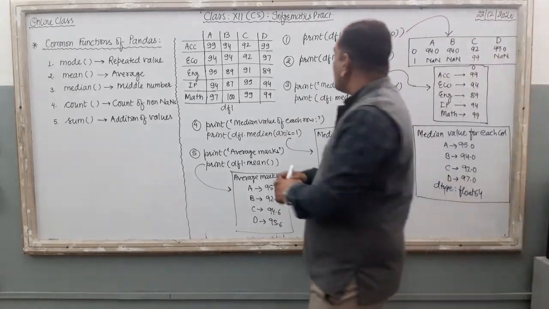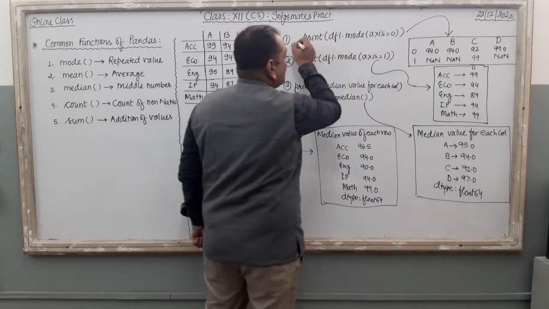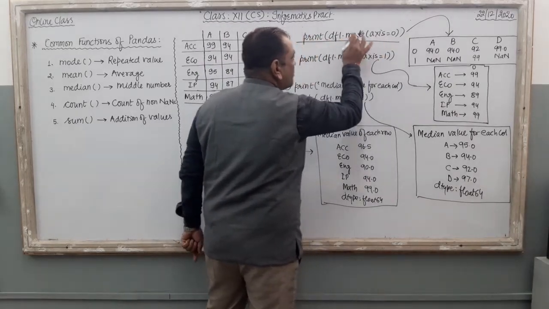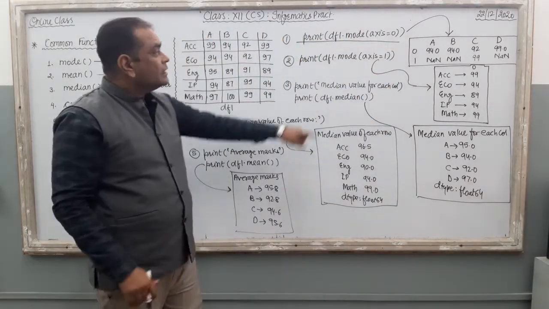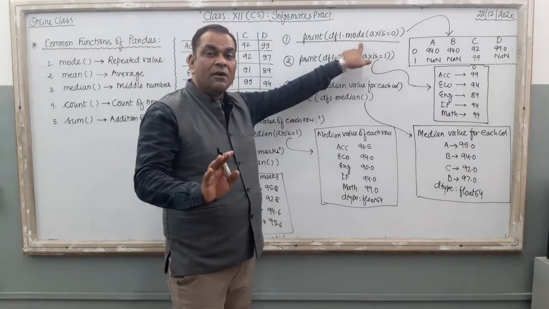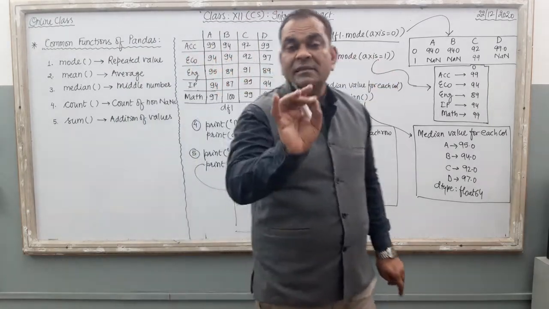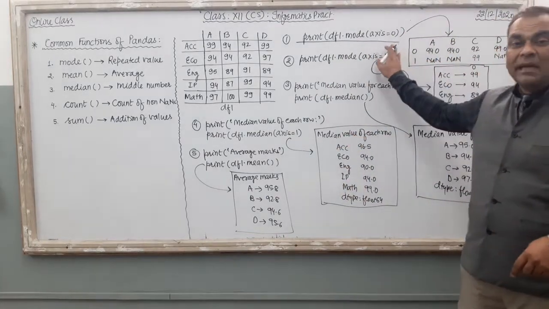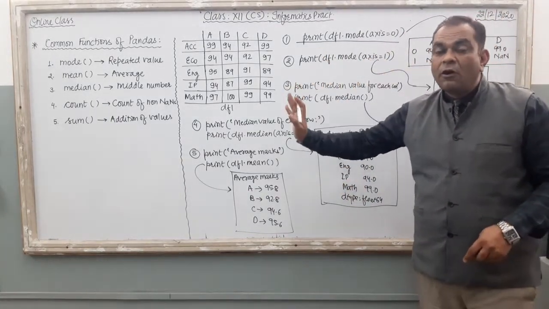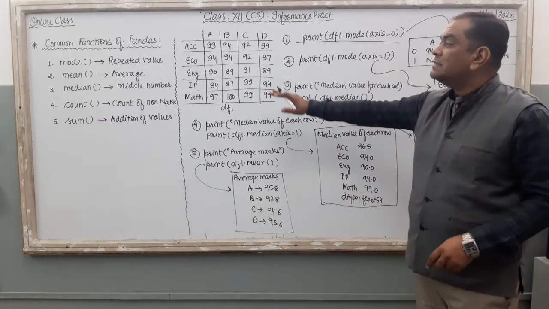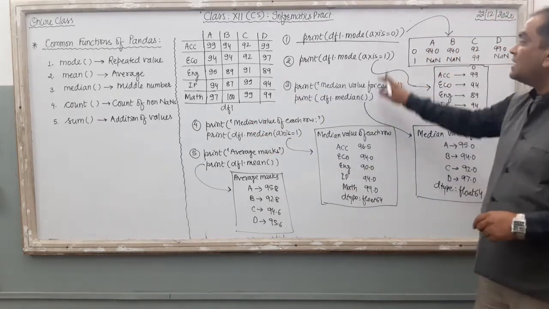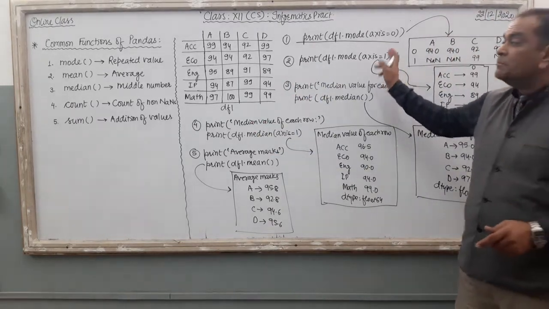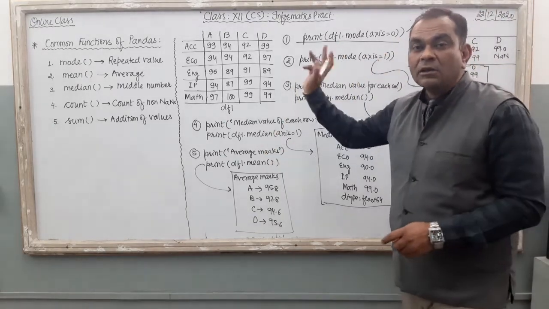Just see, if I use the command print df1.mode, this mode function takes axis as an attribute. If axis is 0, the function performs row wise, index wise, and if axis is equal to 1, the function is applicable on the column.